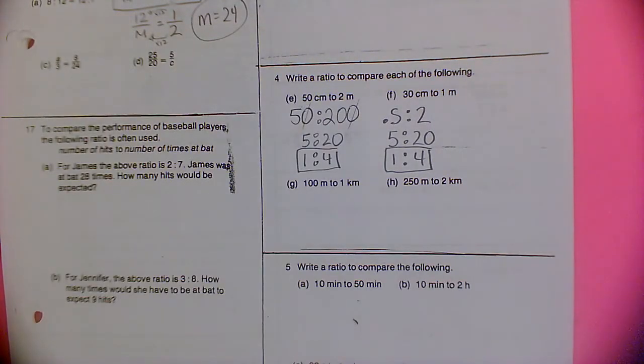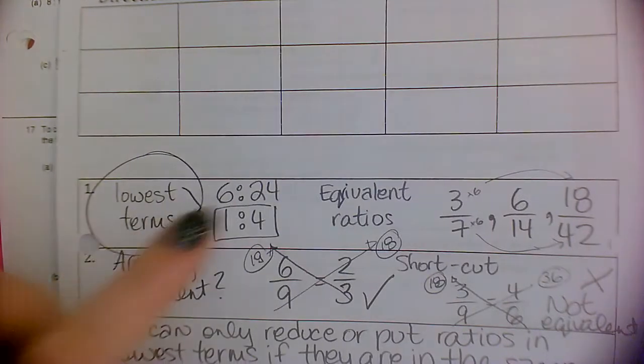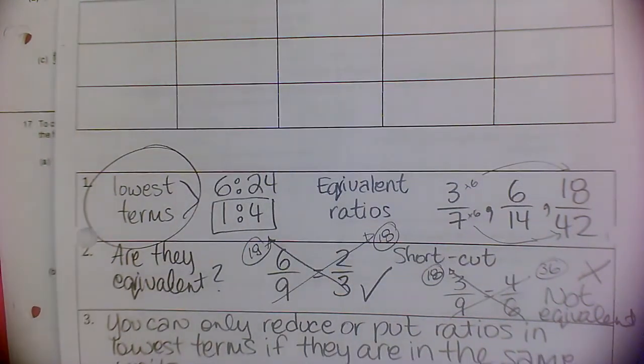Okay. Let me just flip through, make sure I've covered all the different possibilities of answers. Make sure you put your units always in lowest terms for everything. So if they make you write a fraction, you need to make sure that it's lowest terms every single time. We did comparing.